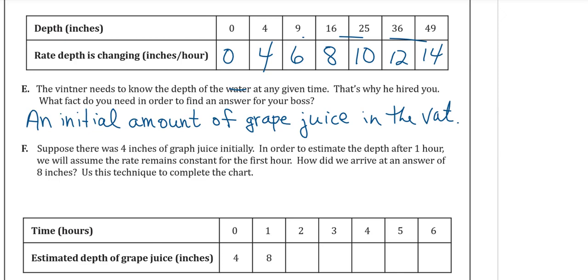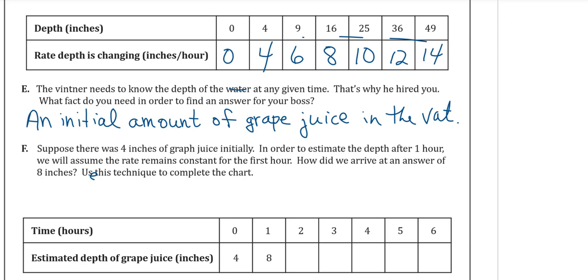In order to estimate the depth after 1 hour, we will assume that the rate remains constant for the first hour. How do we arrive at an answer of 8 inches? That should be, use this technique to complete the chart.